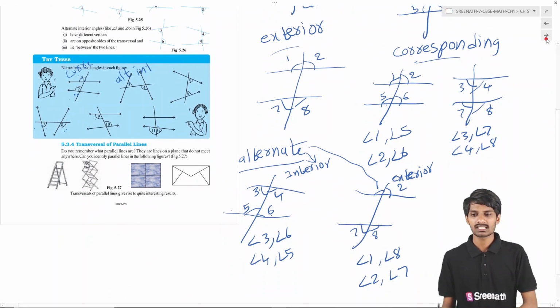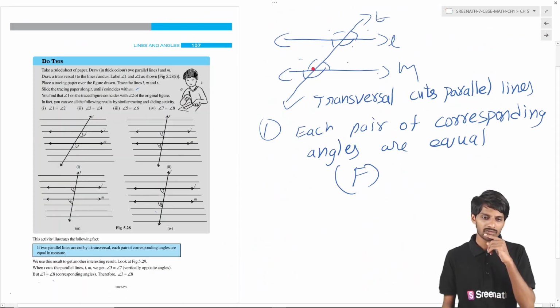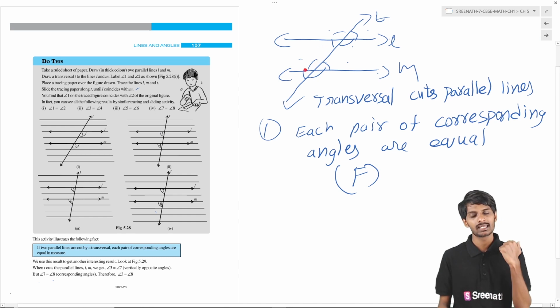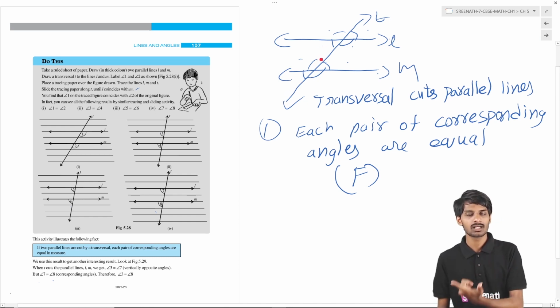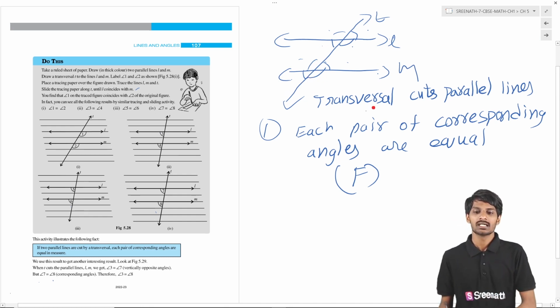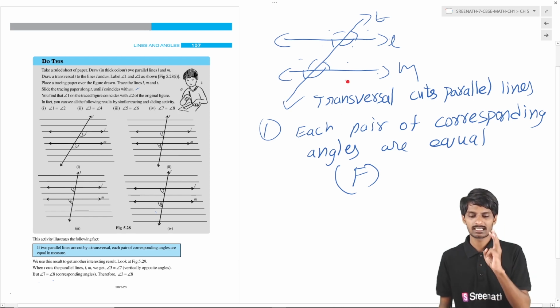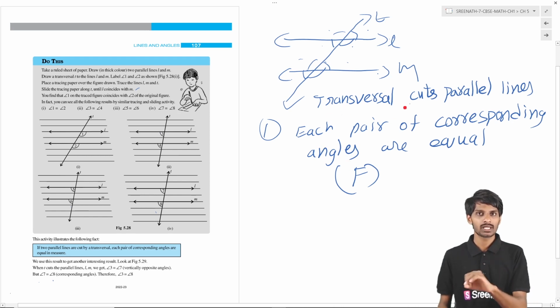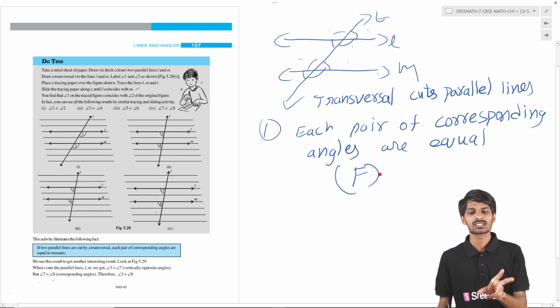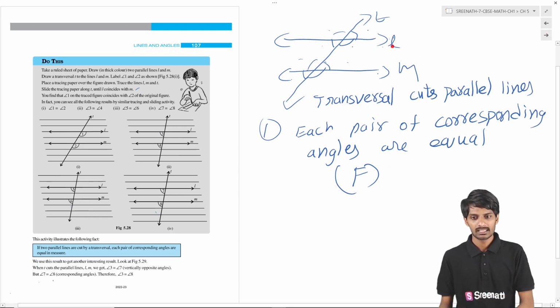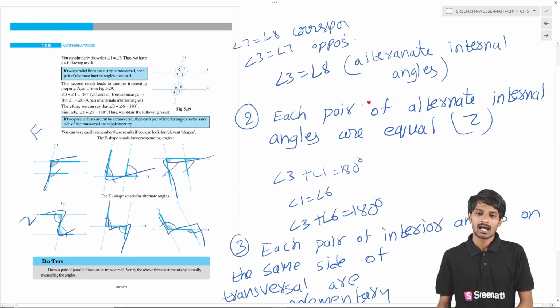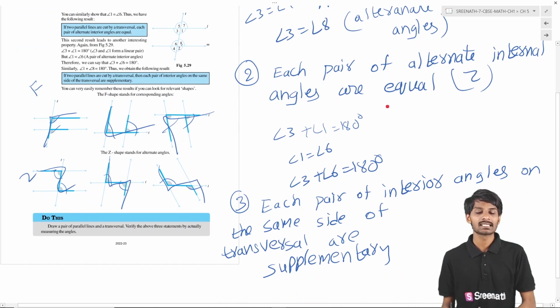And we have discussed parallel lines. If you take two parallel lines and a transversal cuts the two parallel lines at two different points, in this case we will have three results, students. One is that each pair of corresponding angles is equal, and we can recognize corresponding angles by the letter F. And one more thing is that each pair of alternate interior angles is equal.